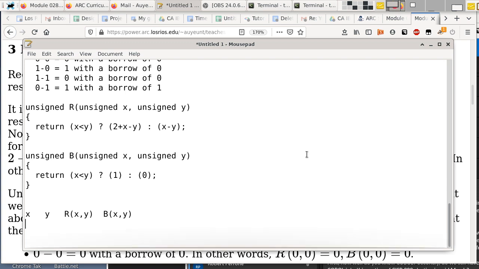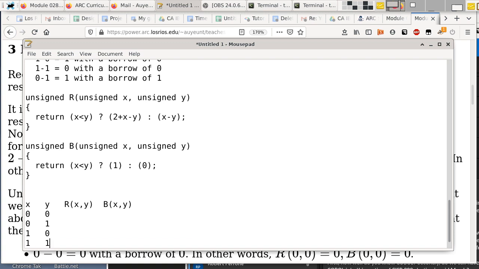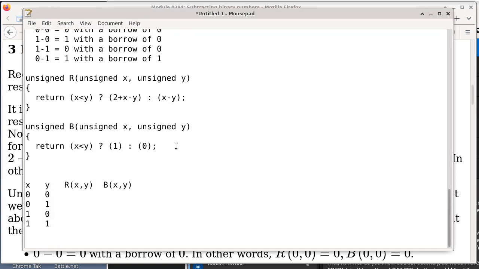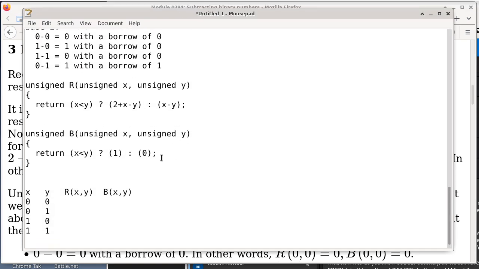Okay? All right, so let's just plug the values in: 0, 0, 0, 1, 1, 0, and 1, 1, okay? Can someone tell me what is here? What is the result of 0 minus 0, which you can look up here. All right, so can someone tell me what is r of xy when x is 0 and y is 0? 0, and the b is 0, okay?